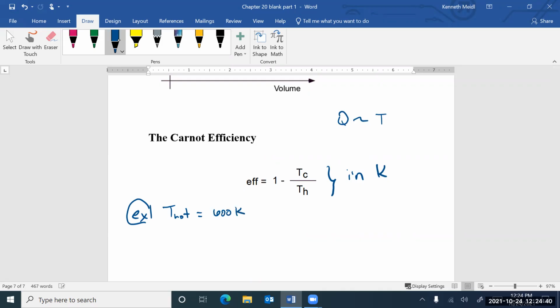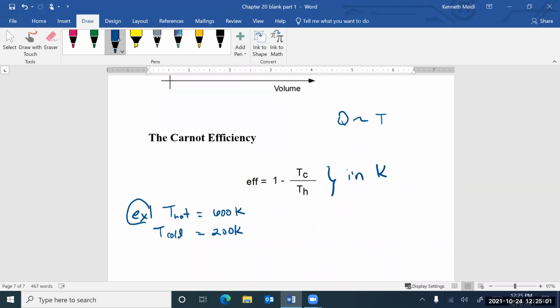Now the exhaust is still considerably hot. Let's say that's 200 K. This tells you immediately the theoretical best efficiency that you can look for. Most real processes will be dramatically less than this.